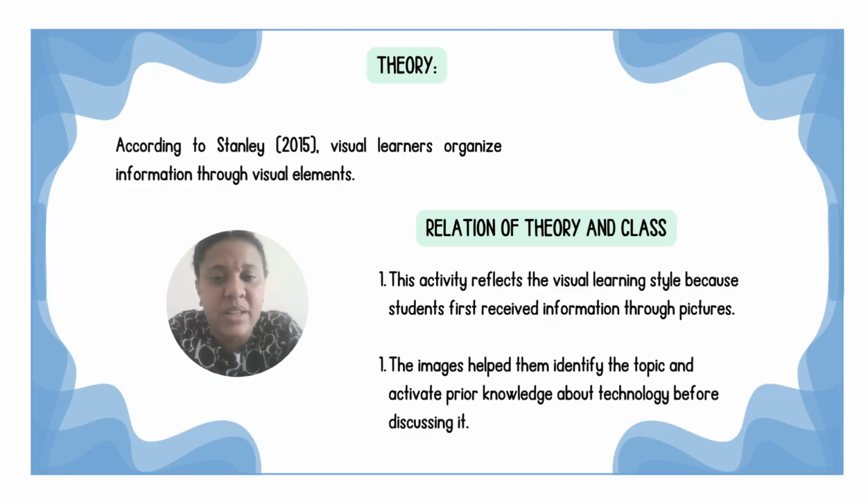Now let's relate the theory with the class activities. According to Stanley 2015, visual learners organize information through images, colors, photographs, and other visual elements. That helps them to understand the content in a better way and remember the information.